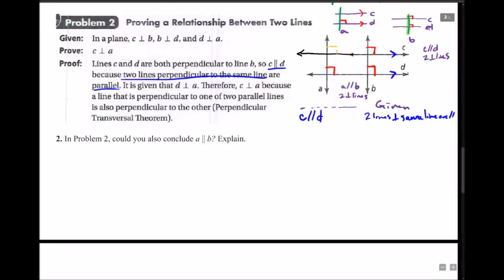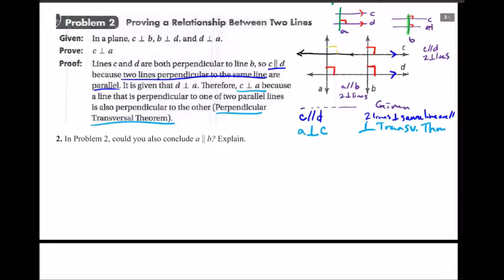I am going to be able to say that line A is perpendicular to line C by my perpendicular transversal theorem. That was pretty easy. Do you see up above here how it made it so much easier when I redrew what I had so that I could see where I was going?